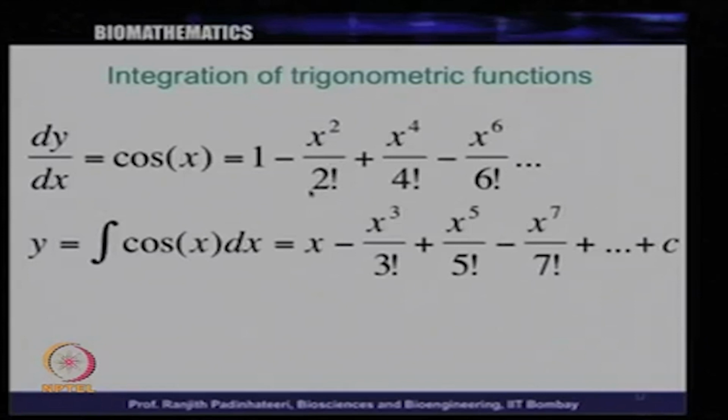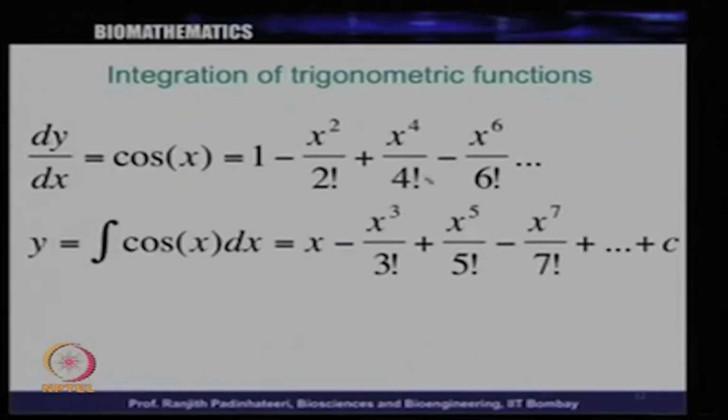So, 2 factorial means 1 into 2, 4 factorial means 1 into 2 into 3 into 4, and 6 factorial means 1 times 2 times 3 times 4 times 5 times 6. So, dy by dx is cos x, equal to 1 minus x square by 2 factorial plus x power 4 by 4 factorial minus x power 6 by 6 factorial and so on and so forth.